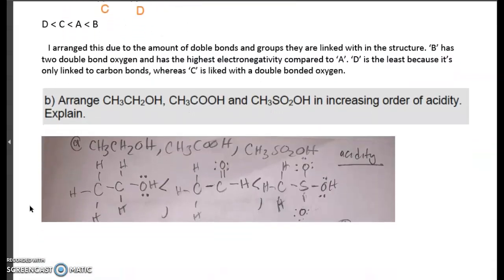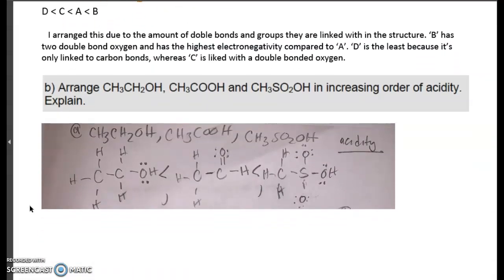So the next question is going to be arranged by acidity here. I drew out each structure. As you can see, it is CH3, CH2OH, that's alcohol. Then you have CH3, COOH.